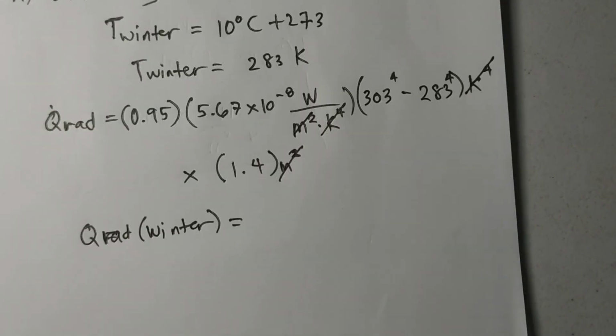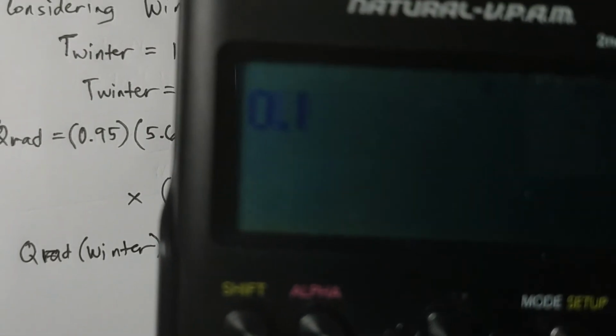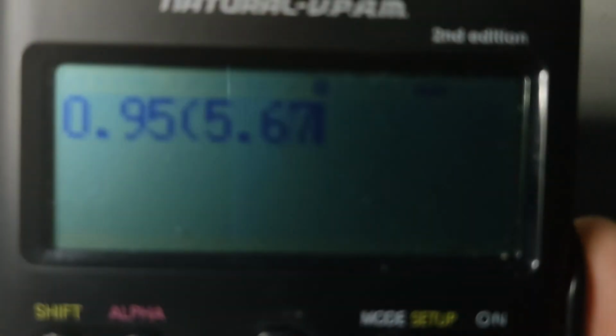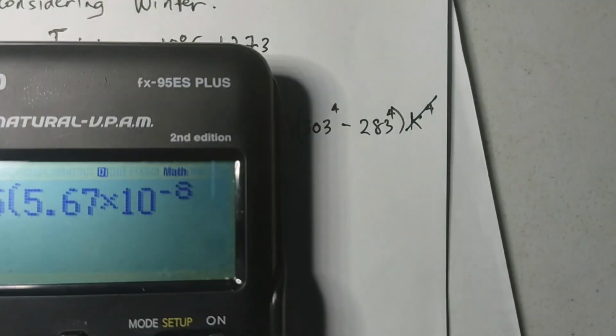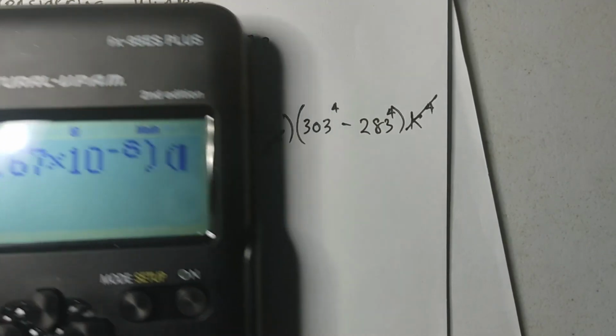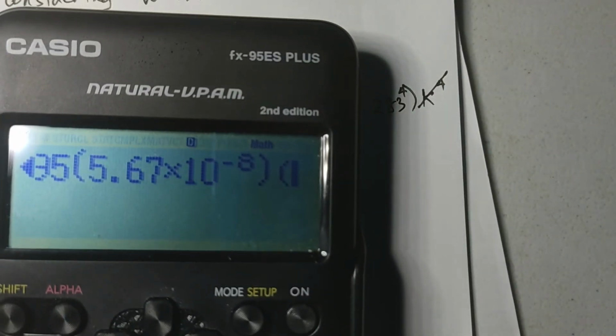Okay, let's solve. So we have 0.95 times 5.67 times 10 raised to negative 8, and multiply sa 1.4.